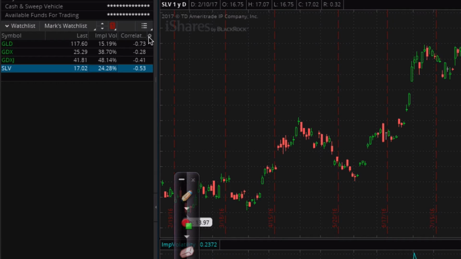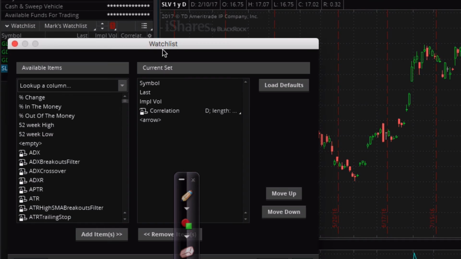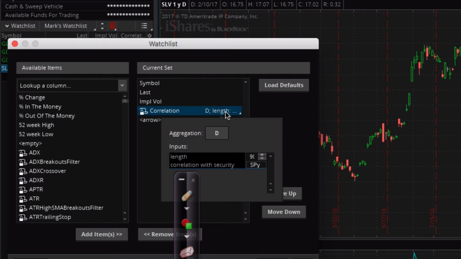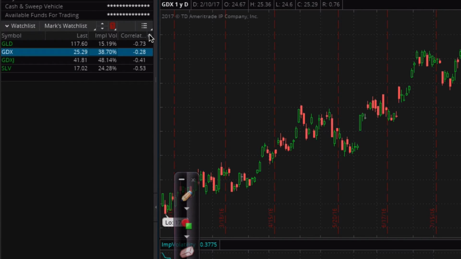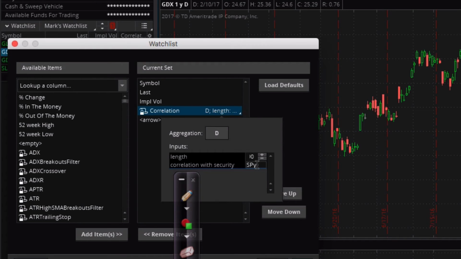In your watch list, hit the little cogwheel, go to customize. Under this correlation here, just change this from SPY to GLD, and this will change that correlation to 90 days for GLD. Give it a second to update. Did I do that right? Yeah, I didn't do that right. Hang on. Delete that out.